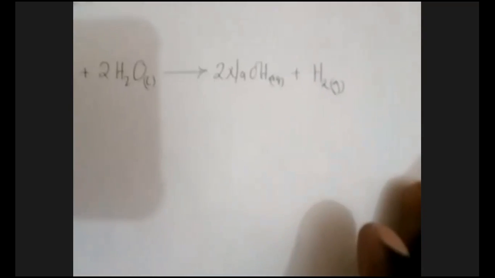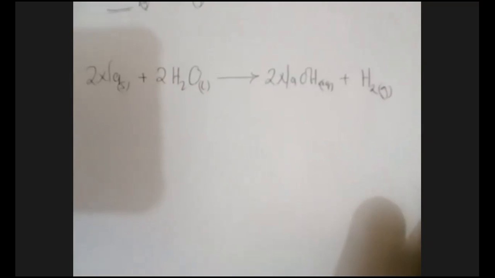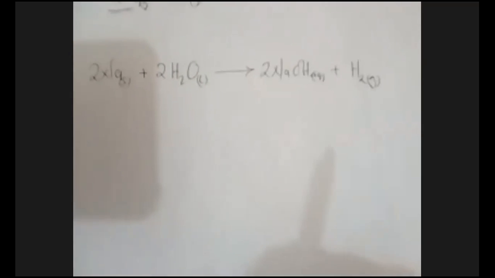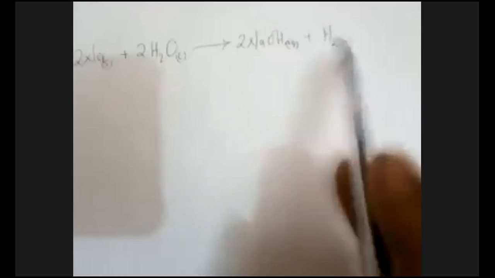Now, if you are dealing with standard enthalpy, what you have to do is ensure that this equation produces one mole of what you want. So if you look at this particular equation, one mole should be in reference to sodium hydroxide. This is what is of interest. So you have 2 moles and not 1 mole.